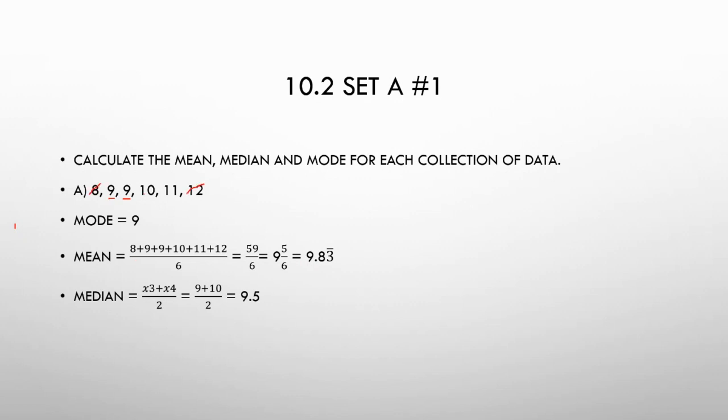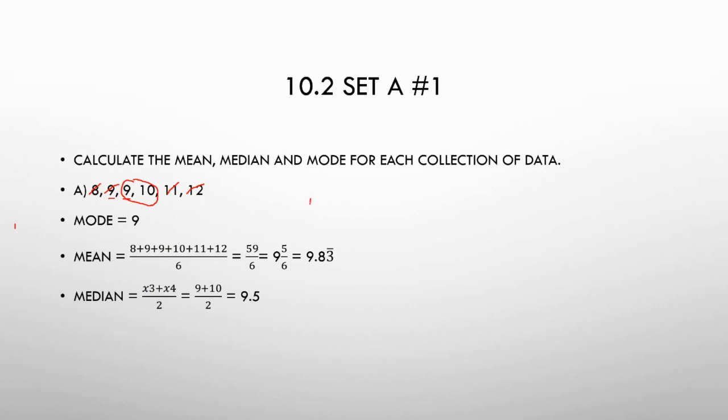And then the median, because there's 6 numbers, one easy way to do it is to get rid of the biggest and the smallest, the second biggest and second smallest, and then I see I have 2 middle numbers. By the way, that's the third number and the fourth number. I add my 2 middle numbers together and divide by 2. So I get 9.5 for the median. Does that make sense?